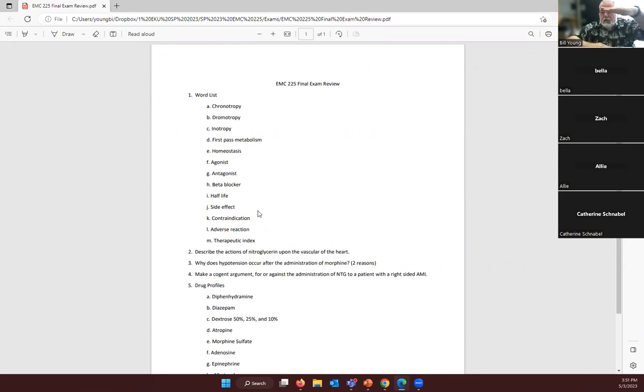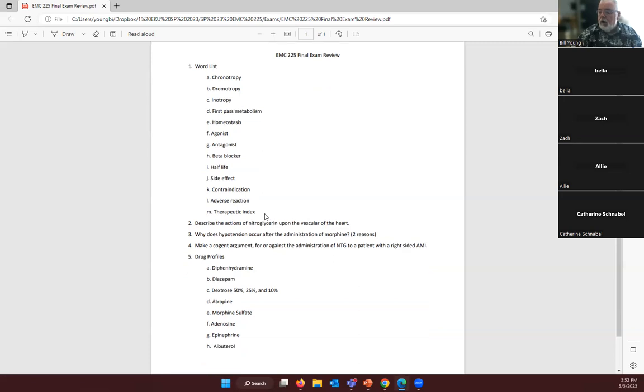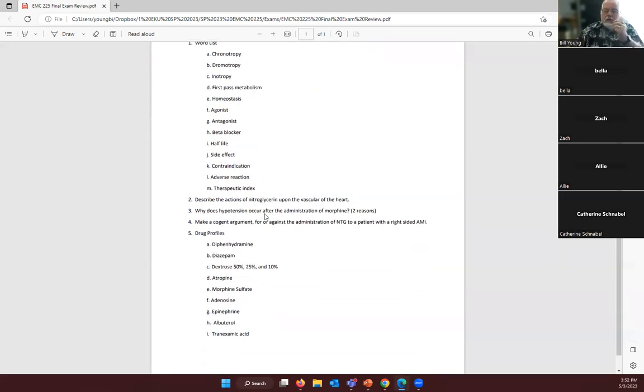If they say it has a really wide therapeutic index, then it's relatively safe. Things like Tylenol. Tylenol is a relatively safe drug, so it has quite a wide therapeutic index. Your patient would have to take an awful lot of it to bring about any type of harm.